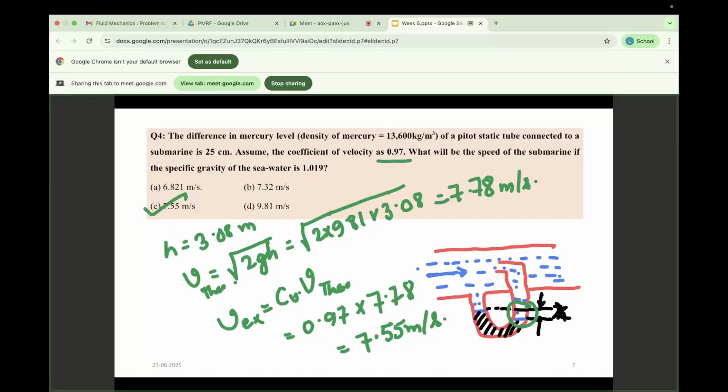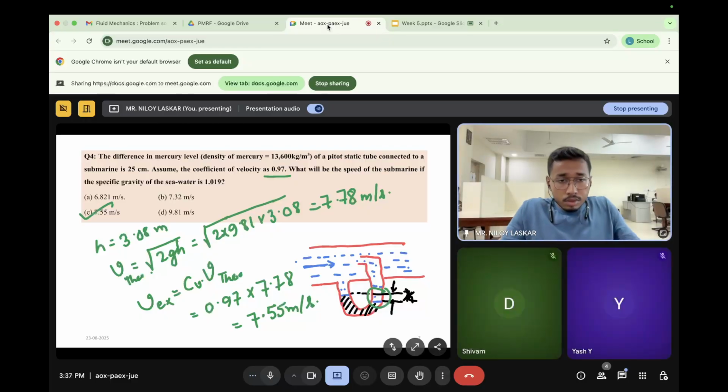See, it's a little bit complicated question, but please try to understand this thing. So do you understand how this H has come? So have a look. If any confusion, please let me know, or I will move to the next one.